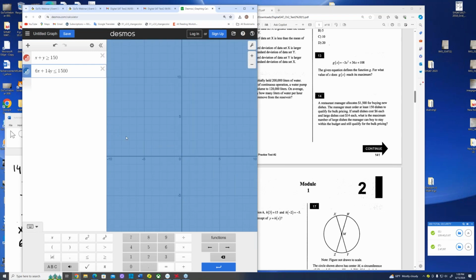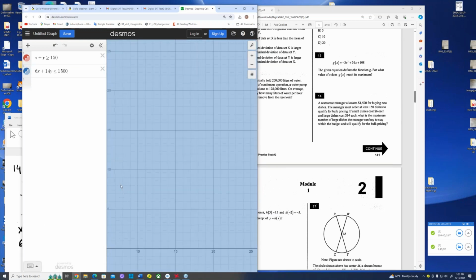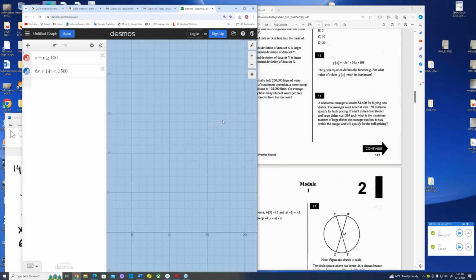And now the question is, okay, what is the maximum number of large dishes? And for large we use y, right? So let's find the solution.